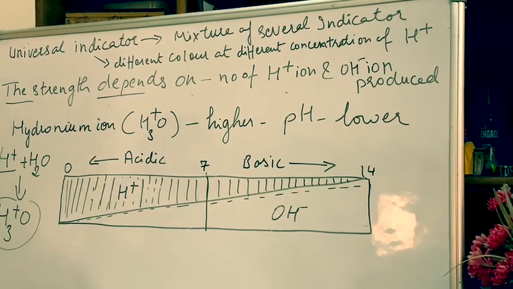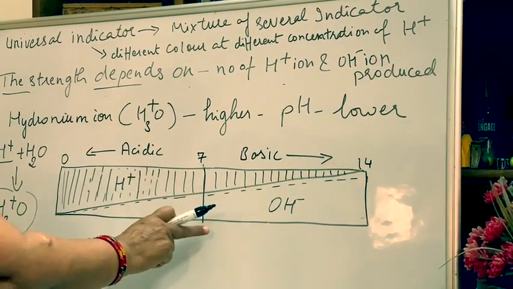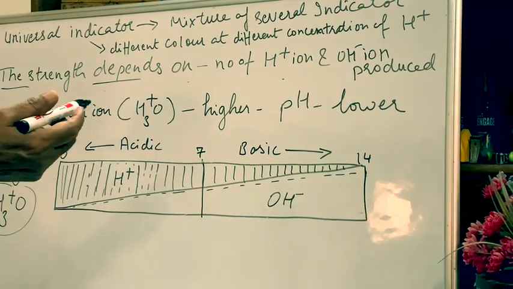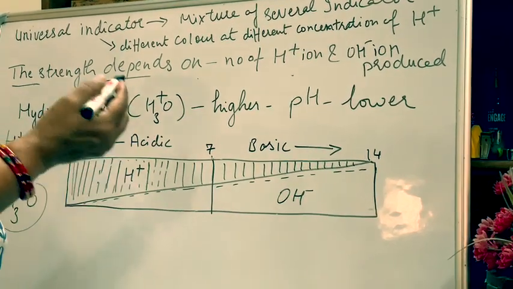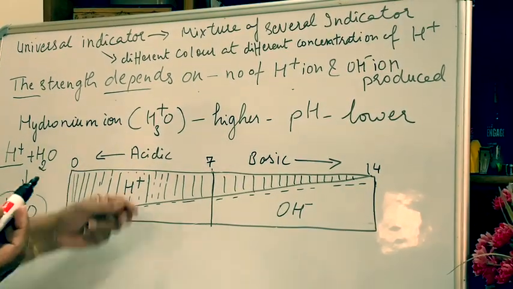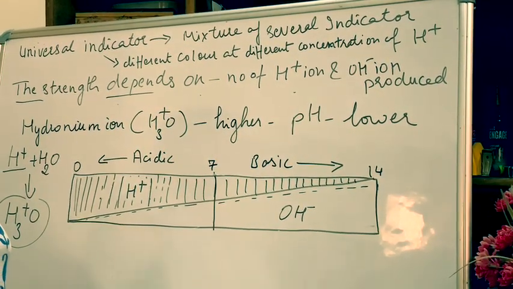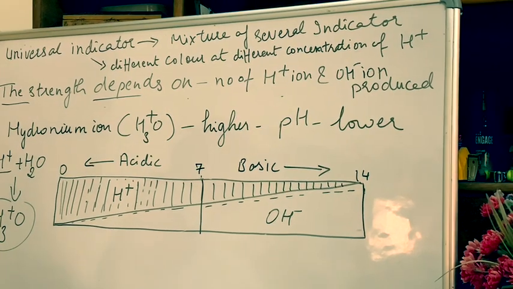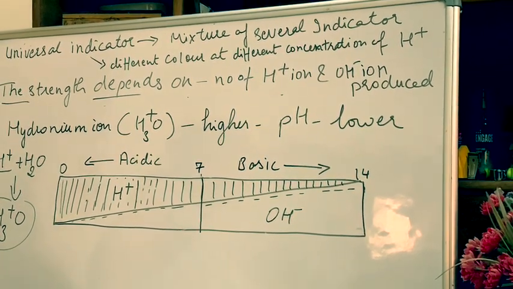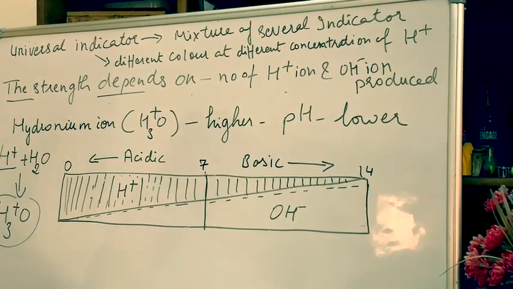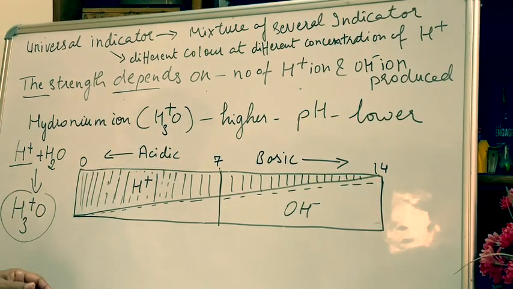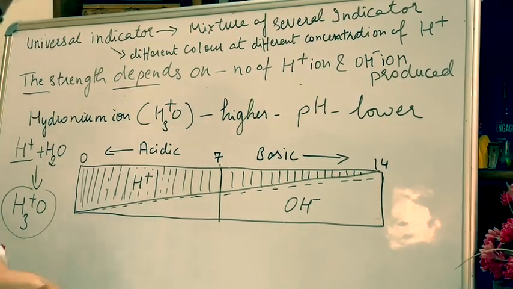To find the pH, we simply put the pH paper or universal indicator in that solution, the color changes, and we match it with the pH scale. So the color relates to the number and we can find whether the substance is more acidic or less acidic, right?